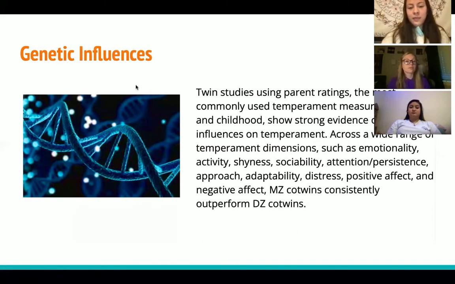Genetic influences: twin studies using parent ratings, the most commonly used temperament measure in infancy and childhood, show strong evidence of genetic influence on temperament across a wide range of dimensions such as emotional activity, shyness, sociability, attention, persistence, approach, adaptability, distress, positive affect, and negative affect. So MZ twins consistently outperform DZ.